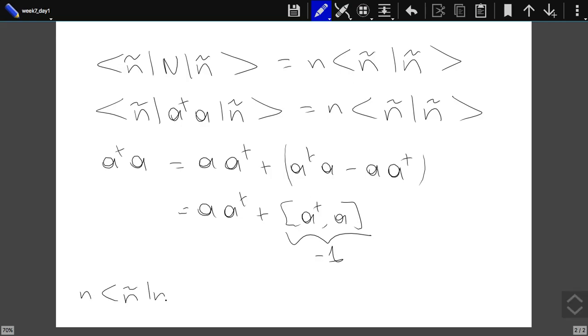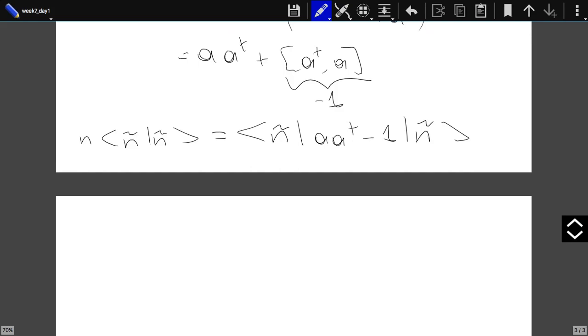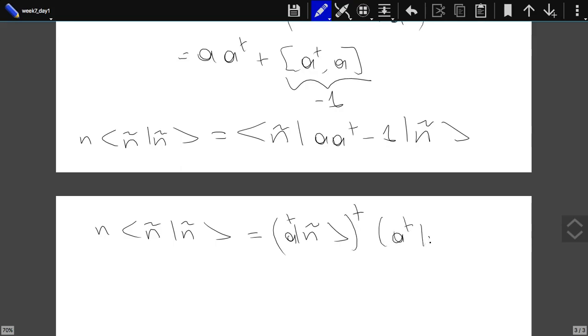So n times the inner product of ñ with ñ is equal to ⟨ñ| A A† |ñ⟩ minus ⟨ñ|ñ⟩.